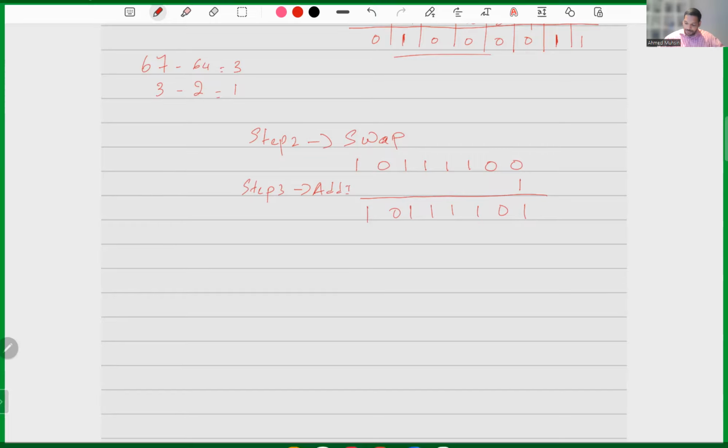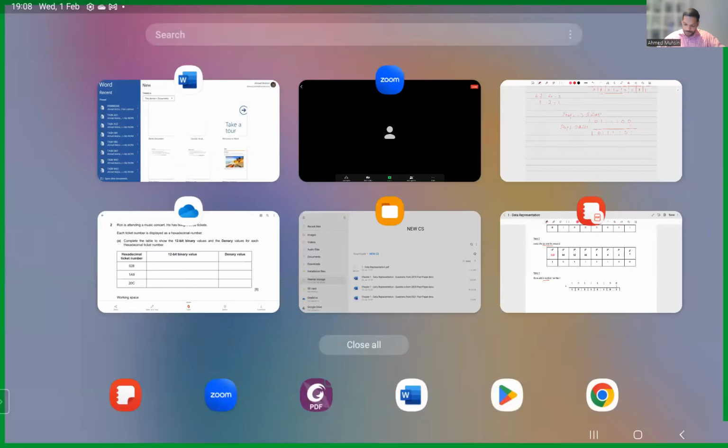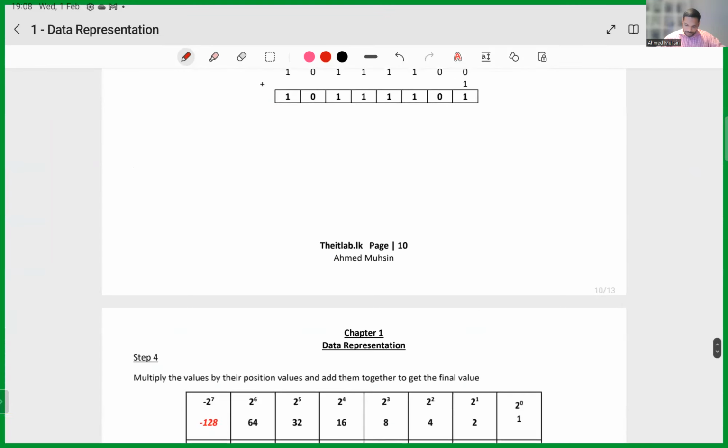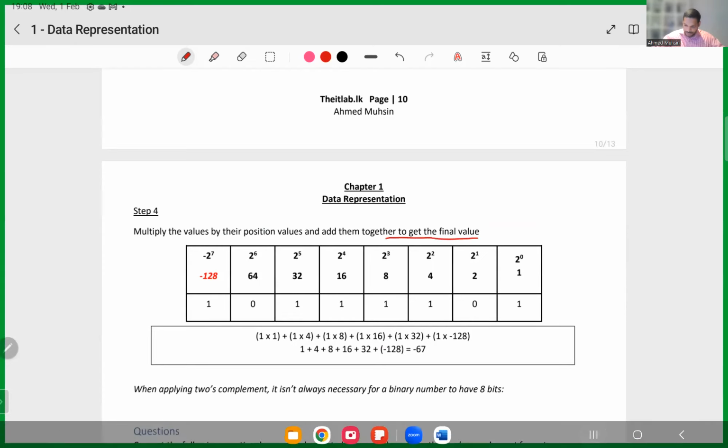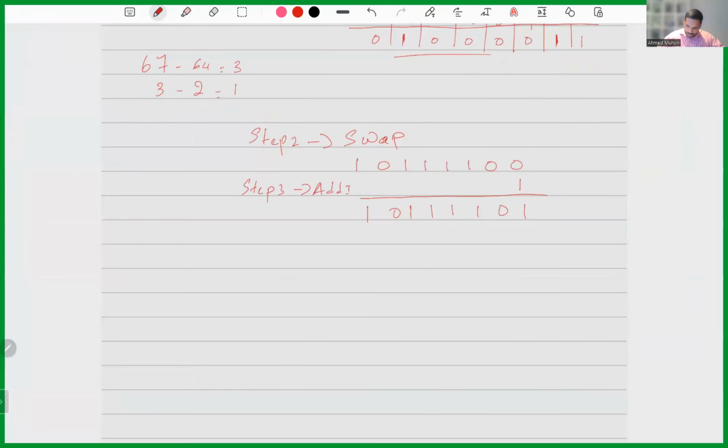Is there a step number 4? Multiply the values by their position values and add them together to get the final value. So now it's time for us to do the conversion. Before we do, let me write this value with the position values on top, so it will be easier to multiply.